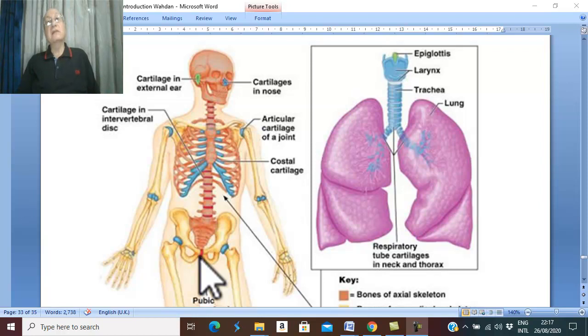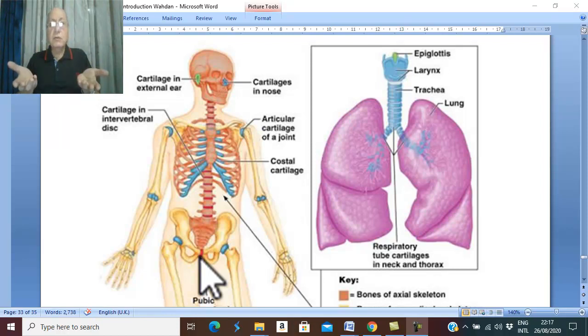What is cartilage? The cartilage is a rubbery type of connective tissue, tough and resilient, that has no blood vessels, nerves, or lymphatics.